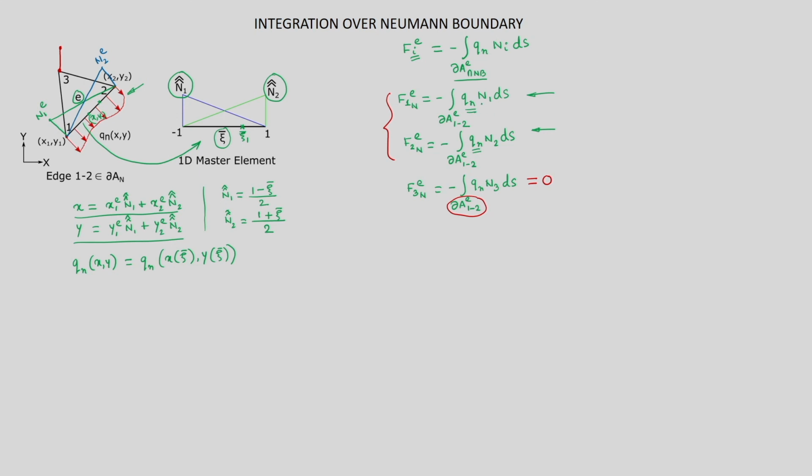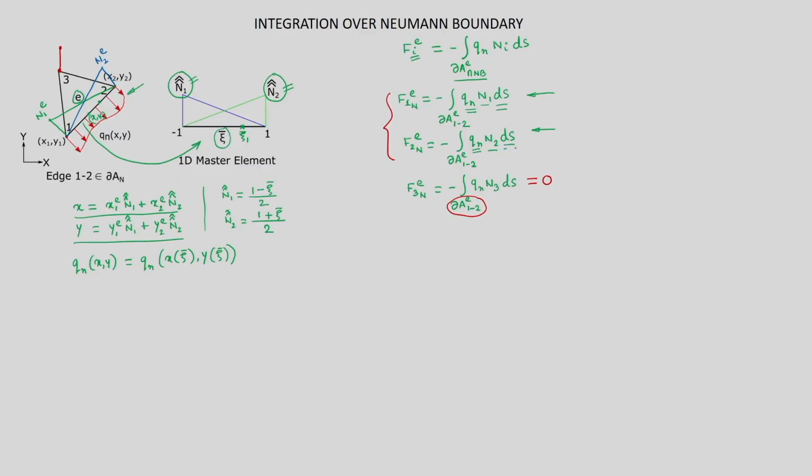And what else? Now, n1 and n2 in the physical element are the same as n1 double hat and n2 double hat respectively. So we will just be substituting them, and now they are functions of xi bar only. But what about ds? ds we need to find out.